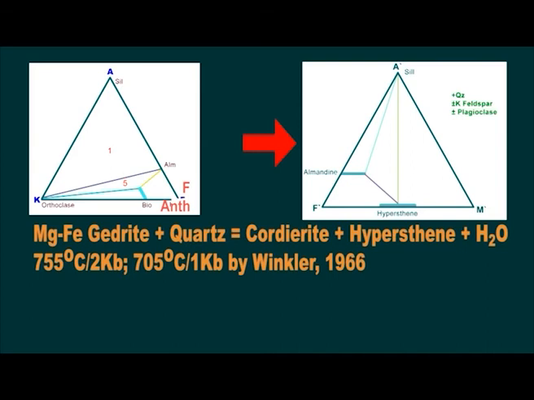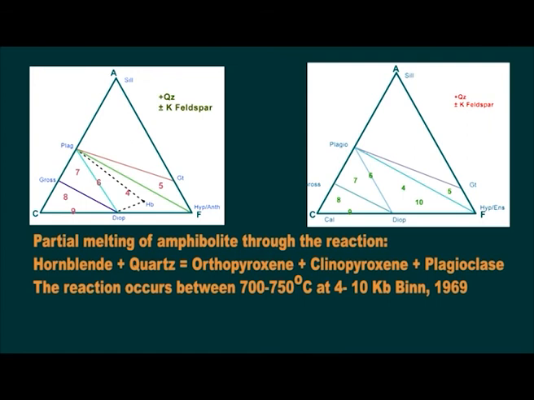The reaction was carried out by Winkler 1966. Partial melting of amphibolite through the reaction hornblende plus quartz gives rise to orthopyroxene plus clinopyroxene plus plagioclase. The reaction occurs between 700 to 750 degrees centigrade at 4 to 10 kilobar, by Binns in 1969.